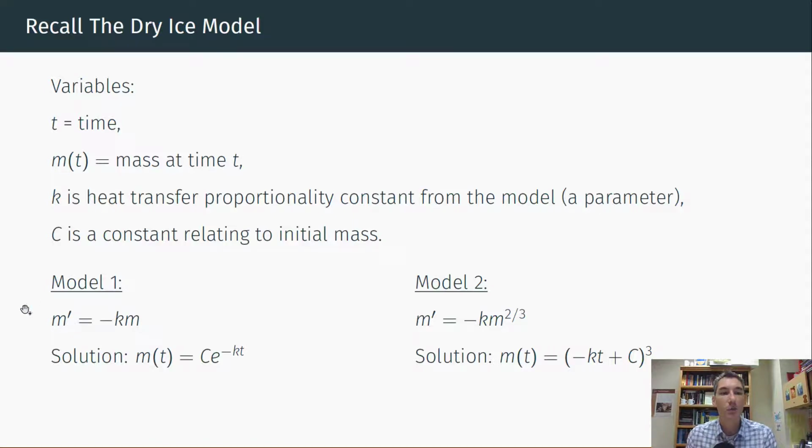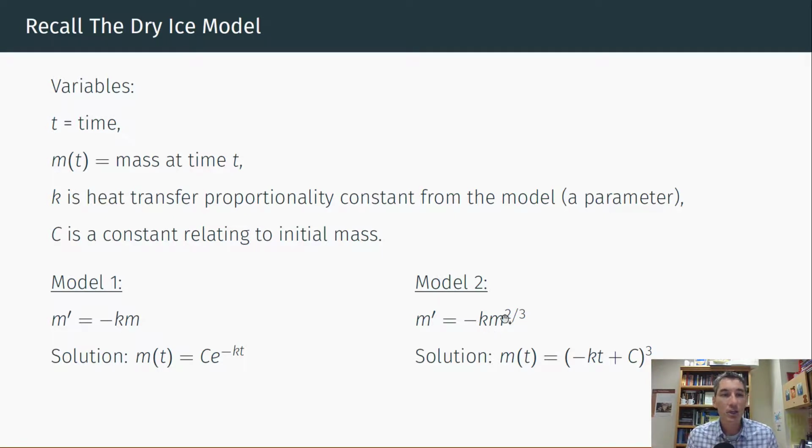So we said that the rate of change of the mass was proportional to the mass in the first model, the exponential decay model. And then later on, we said that the rate of change of mass is proportional to the surface area. And of course, that surface area calculation came from sort of a dimensional analysis. That's where the 2/3 came from, surface area being 2-dimensional, volume, and therefore mass being 3-dimensional.